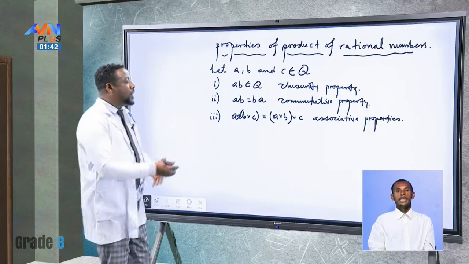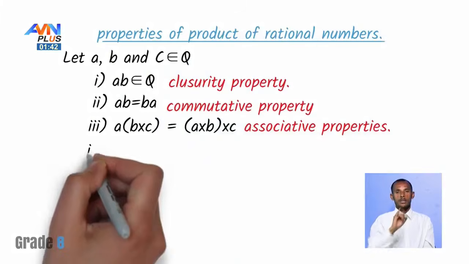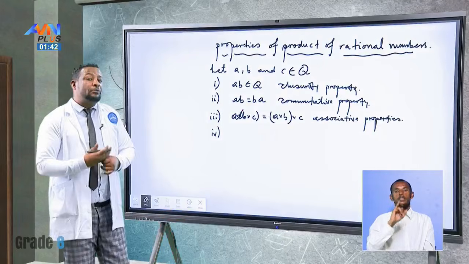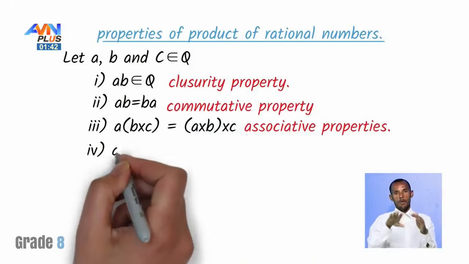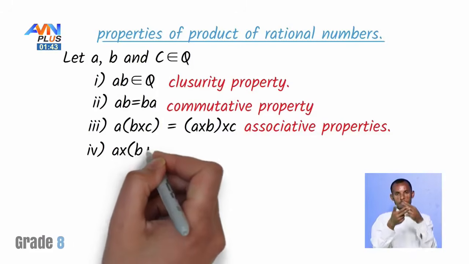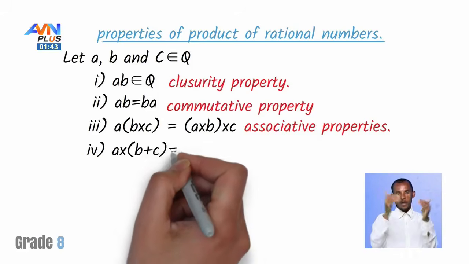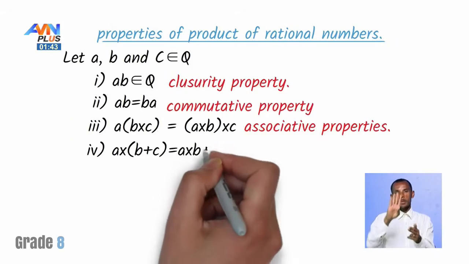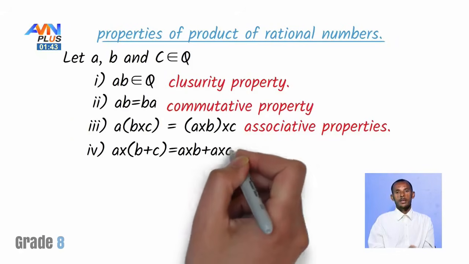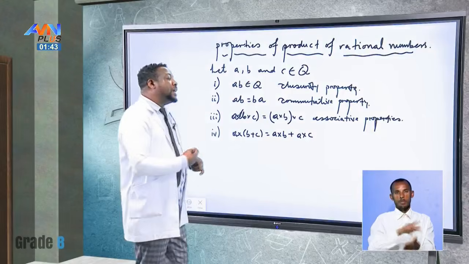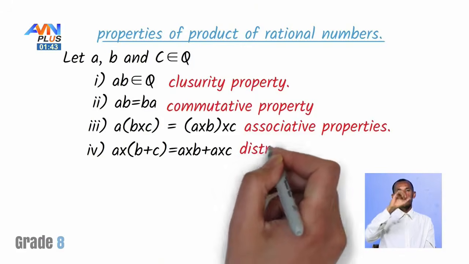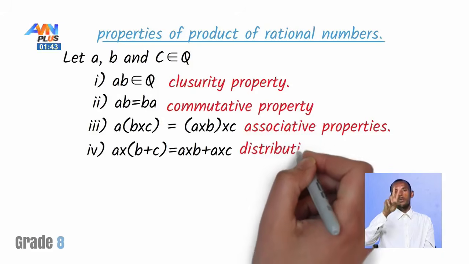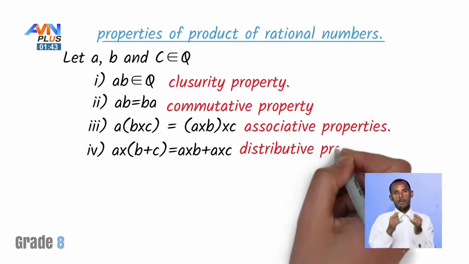The fourth one is the distributive property of multiplication over addition. That means A times (B plus C) is equal to A times B plus A times C. Okay? This property is called distributive property.